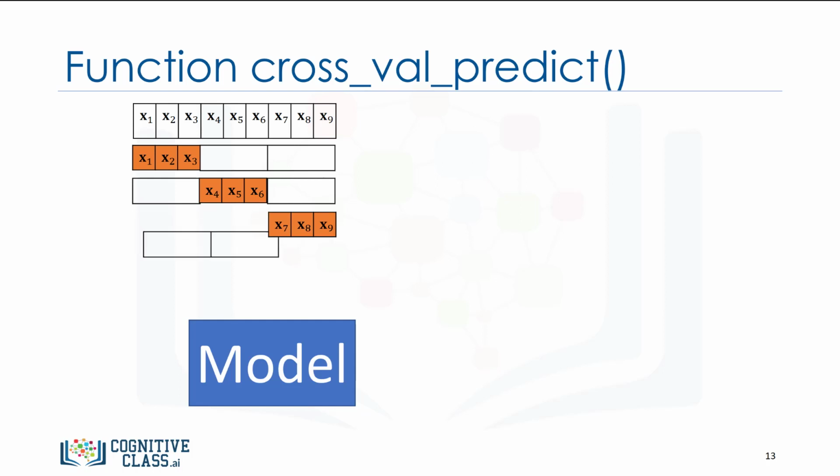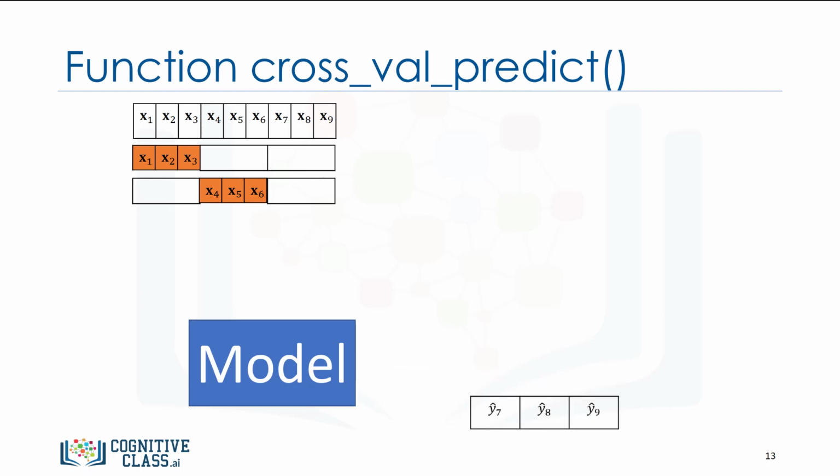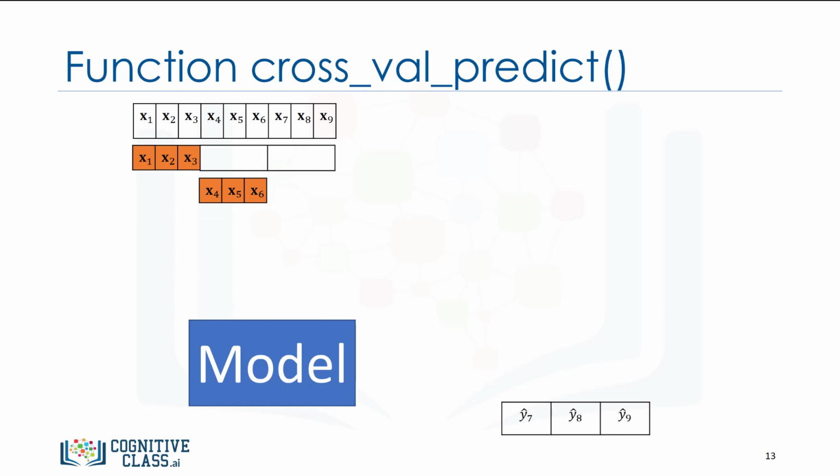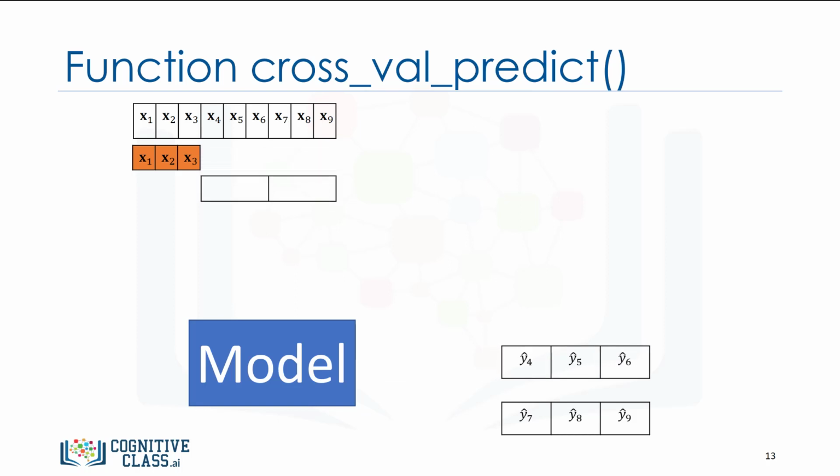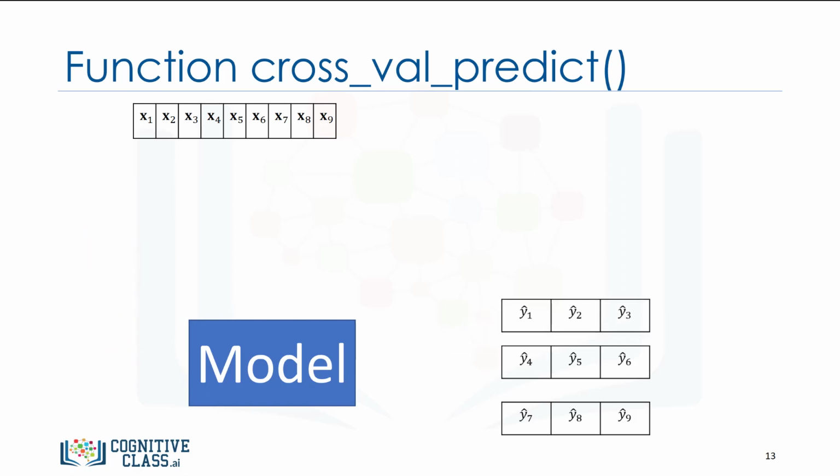We use 2 folds for training, the remaining fold for testing. The model will produce an output, and we will store it in an array. We will repeat the process using 2 folds for training, 1 for testing. The model produces an output again. Finally, we use the last 2 folds for training. Then we use the testing data. This final testing fold produces an output. These predictions are stored in an array.